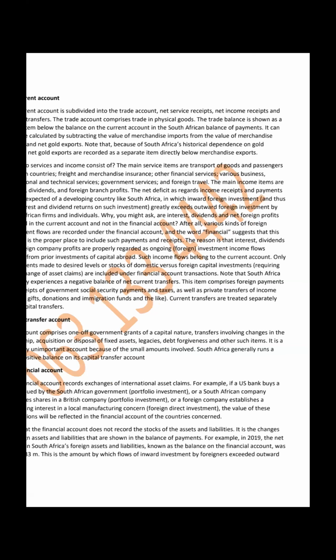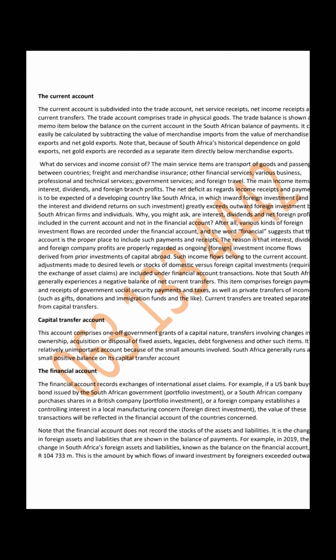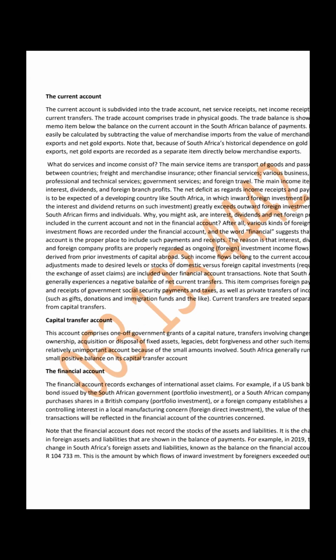Okay, sorry about that. All right, so we're just saying the main income items that you find there are the interest, the dividends, and the foreign branch profit. So these can go either way. If you here in South Africa have made an investment abroad and you're receiving, say, dividends from abroad, then they're obviously going to come in as an inflow on our side.